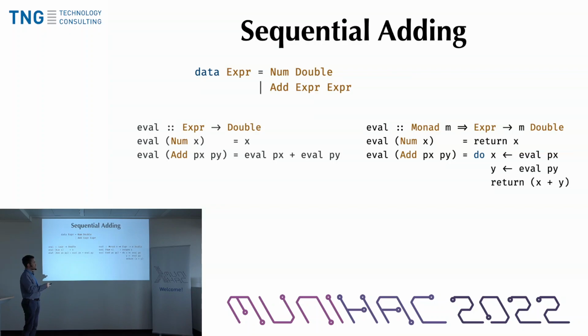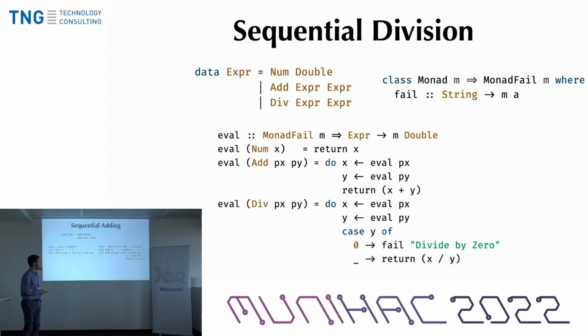So what we say is, okay, well, you've got two programs, px and py. First evaluate px, then get the result and call it x. Then evaluate py, get the result and call it y, and then return x plus y. And so this is the generic scheme that allows you to do addition regardless of the underlying effect, whether that be error throwing, which is what we just saw now, or something else.